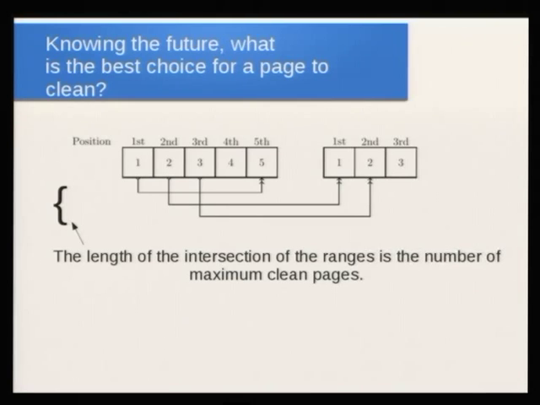So the length in this direction of the intersection of these ranges is the maximum number of clean pages, right? So the point at which this is highest, from that point below, is the maximum number of clean pages.